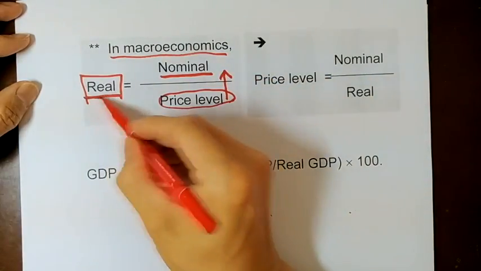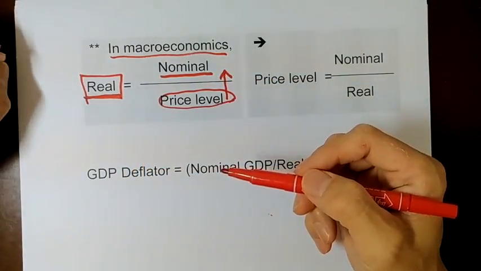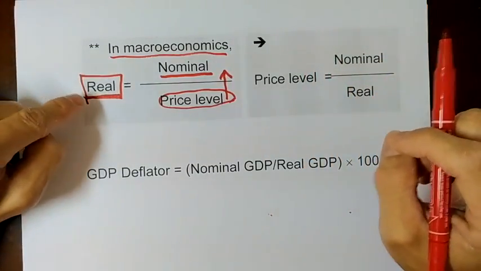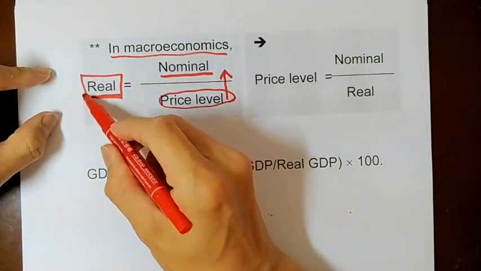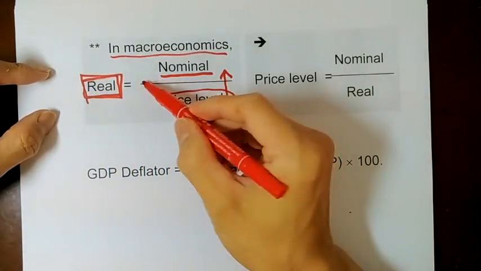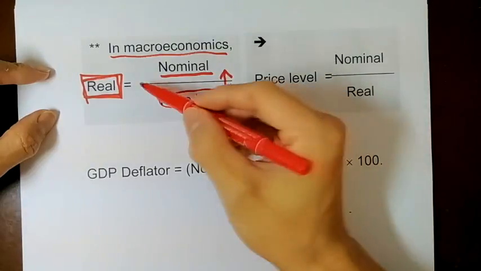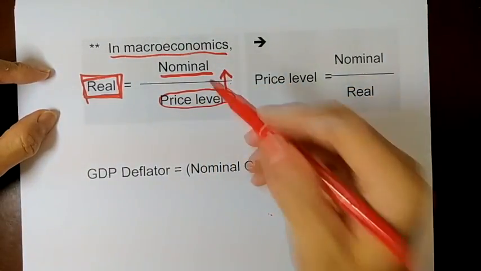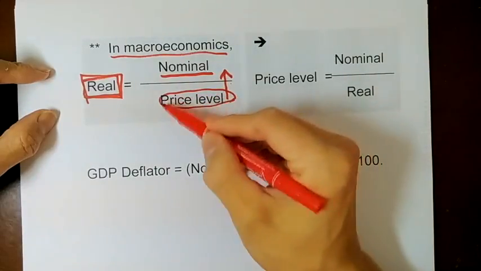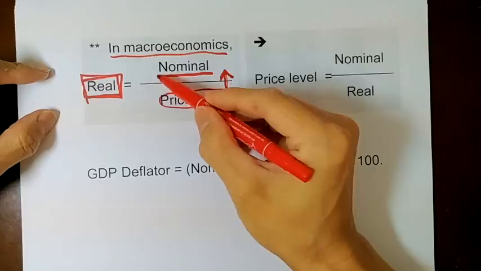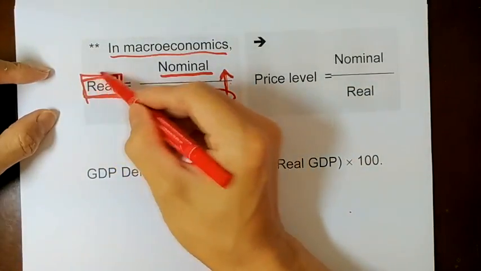So this is the definition of a real variable in macroeconomics. Real in macroeconomics has a special meaning. It is not actual. All right? It has a special definition. A real variable is equal to the nominal variable divided by the price level, because we use the price level to deflate the nominal variable in order to get the real variable.